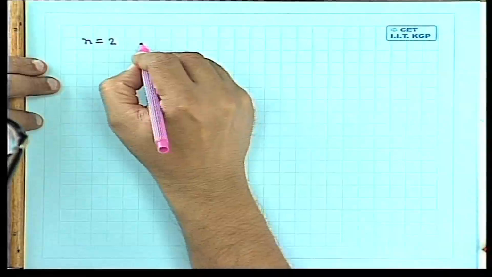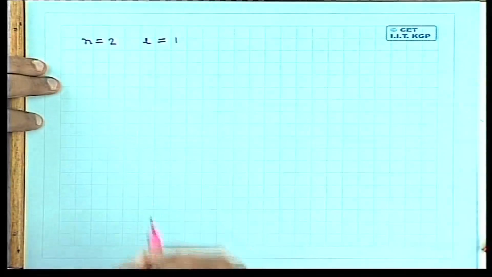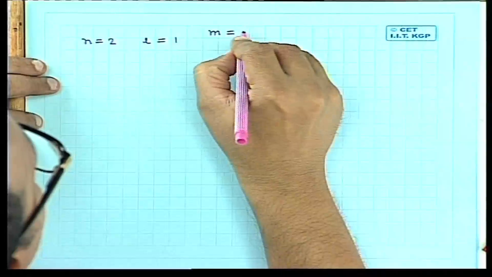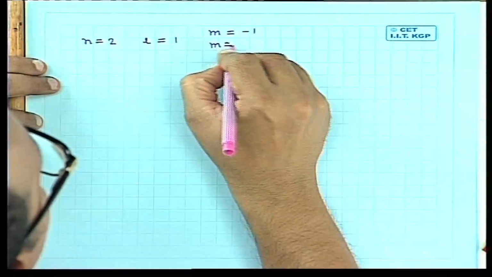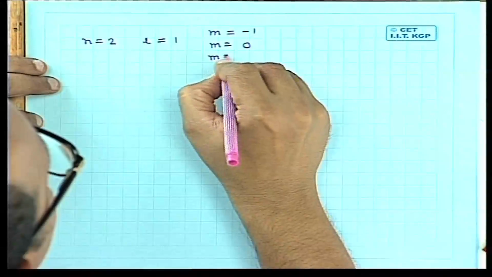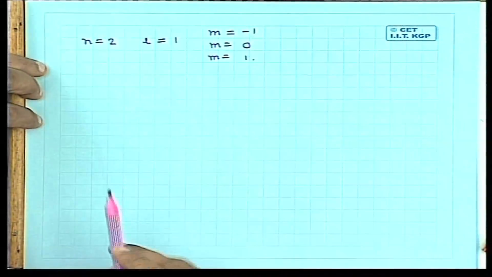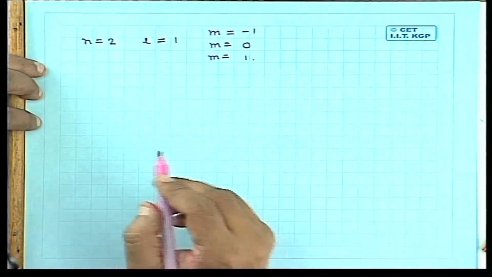The other possibility is n equal to 2, where we can have L equal to 1. M can now take 3 possible values: m equal to -1, m equal to 0, m equal to 1. We shall not bother about this, let us just keep it as an index.